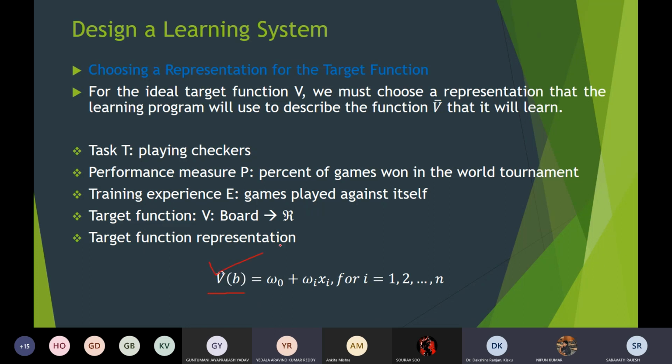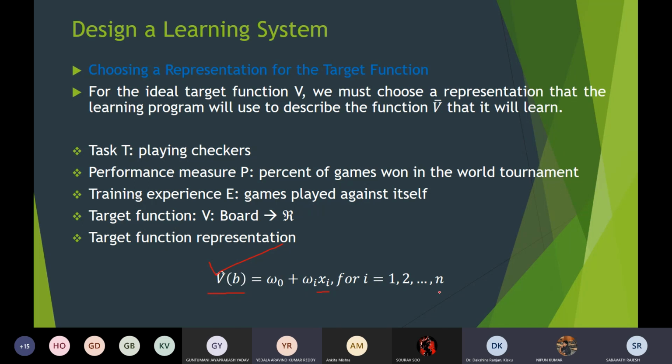So this is the function for the representation. So this representative function will be selected for the possible target functions. So here w0 to wn, w0 is the coefficient, or we can say the weight. Okay, and here xi is the particular feature.